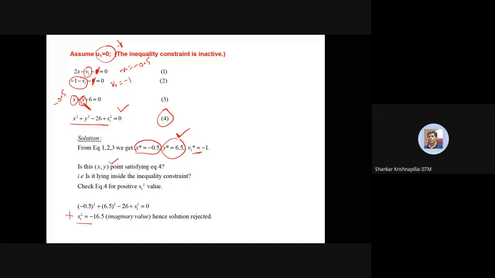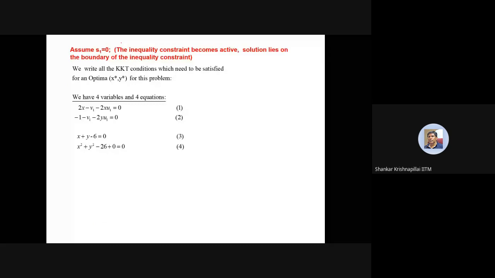If you put s1 equal to 0, then the inequality constraint will become active. So the solution will lie on the boundary of the inequality constraint. If you put s1 equal to 0, this term will become 0.